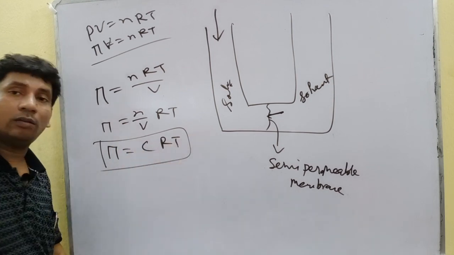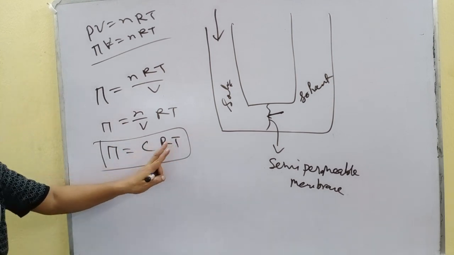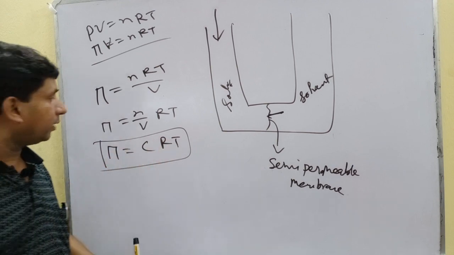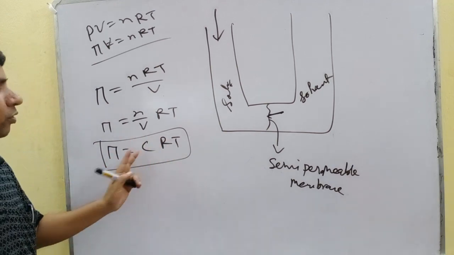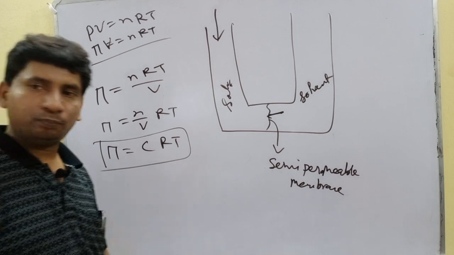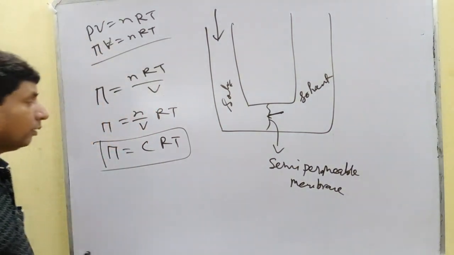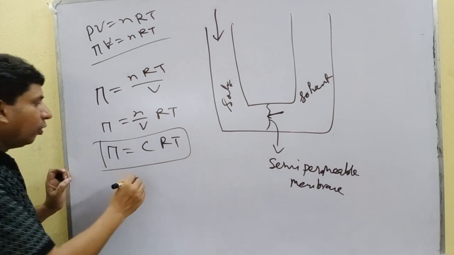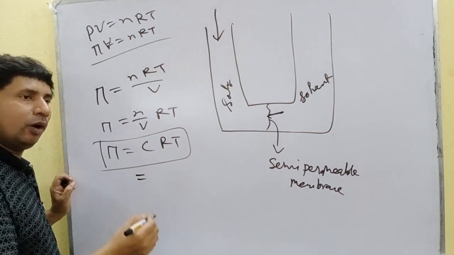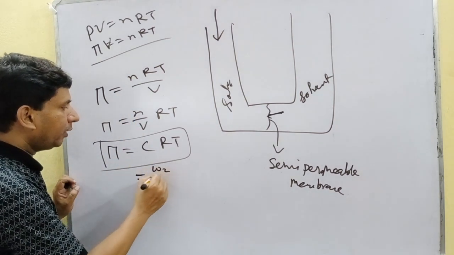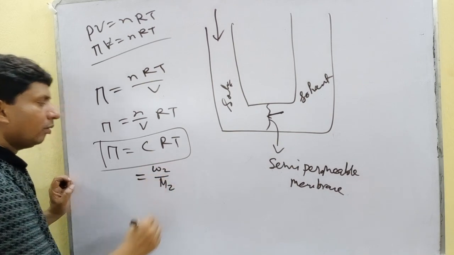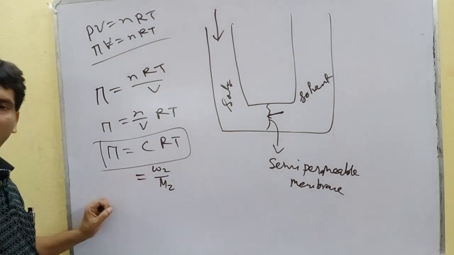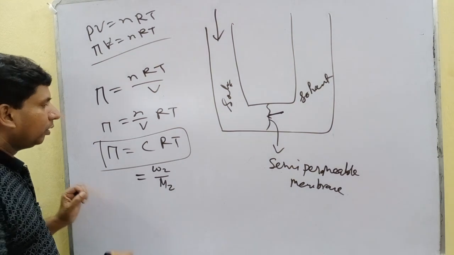because temperature is a variable parameter and can change, so concentration may change, no problem. Then this is mole per liter. The number of moles n equals weight divided by molecular weight of the solute.